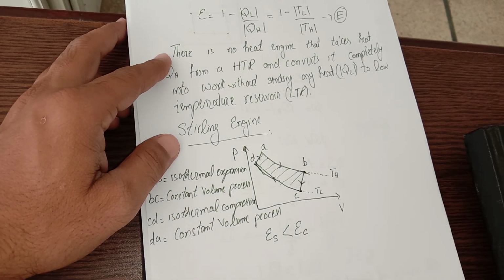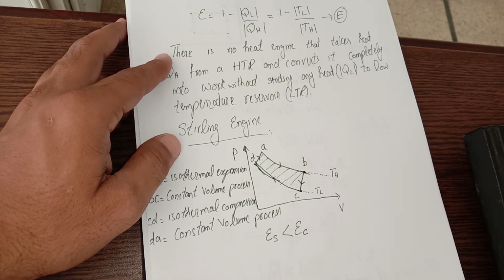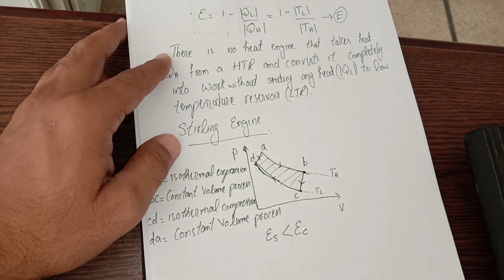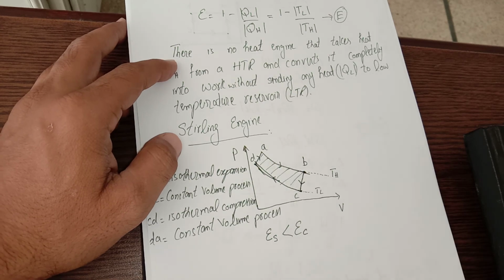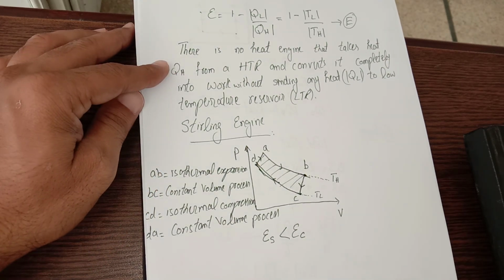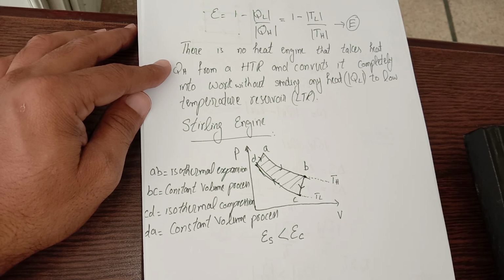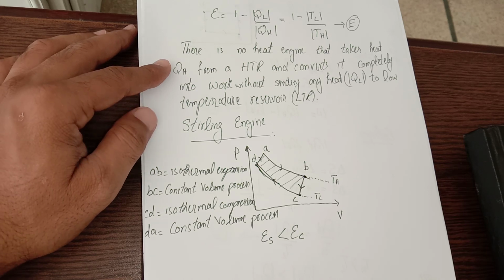Practically, the concept of this Stirling engine has been used in automobiles and space aircrafts and in some military submarines. So you can easily compare these two famous types of engine, Carnot engine and Stirling engine, and what the differences between them are. This summarizes our lecture.